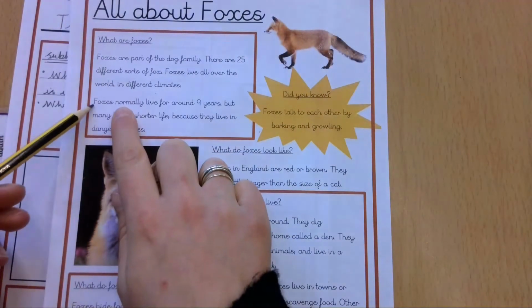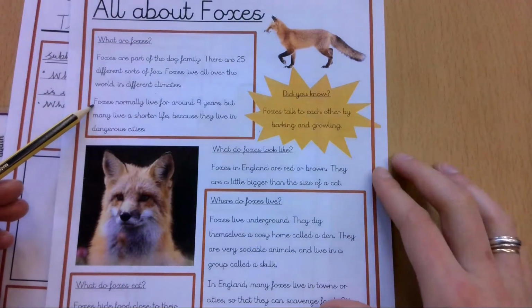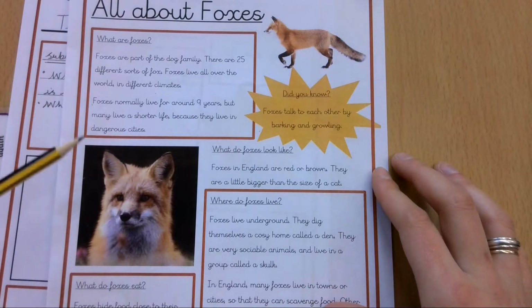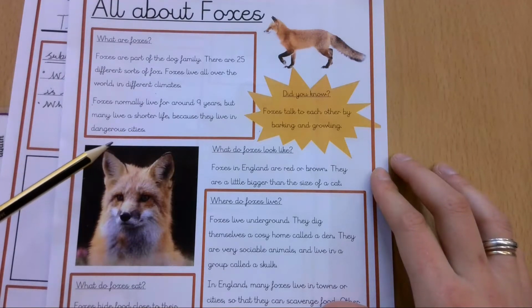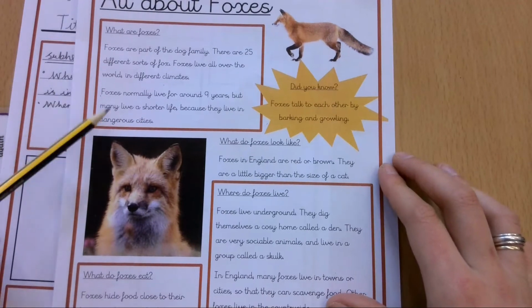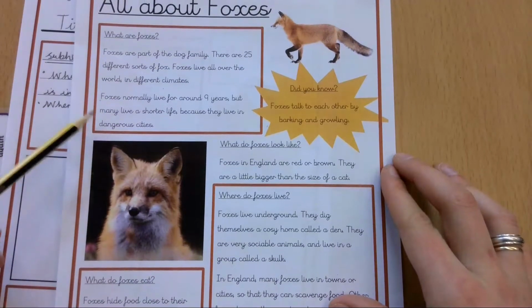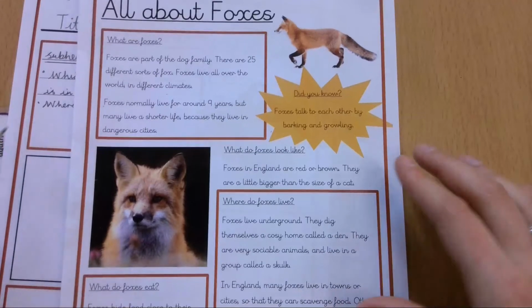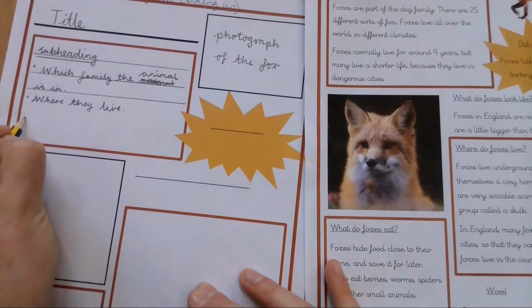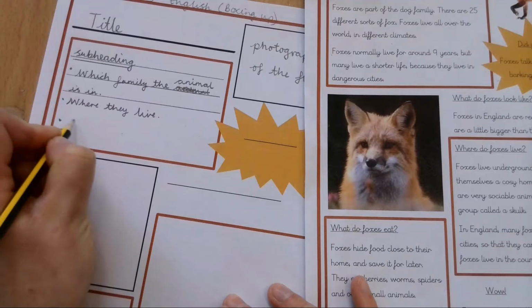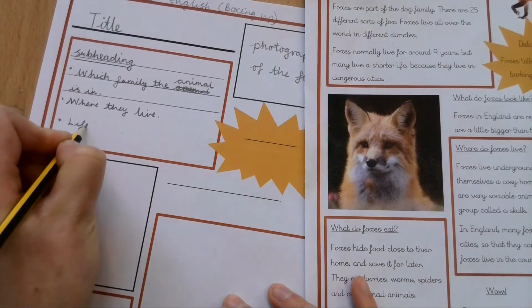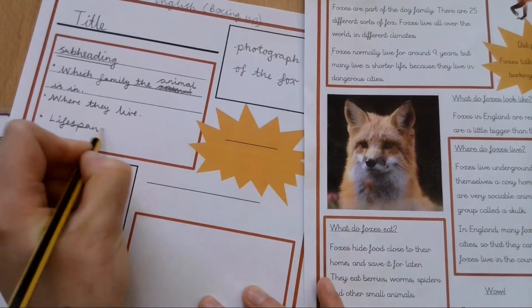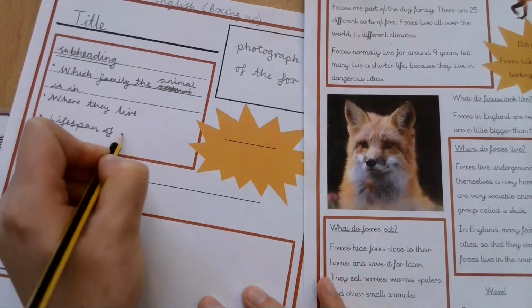My next paragraph in this box: foxes normally live for around 9 years, but many live a shorter life because they live in dangerous cities. So this paragraph is telling me about the lifespan, how long a fox lives. So I'm going to put my next bullet point, lifespan of the animal.